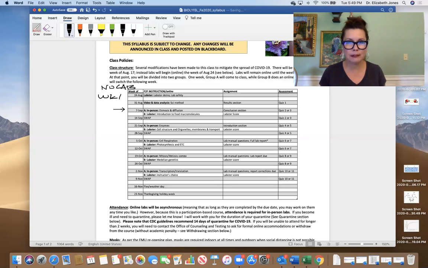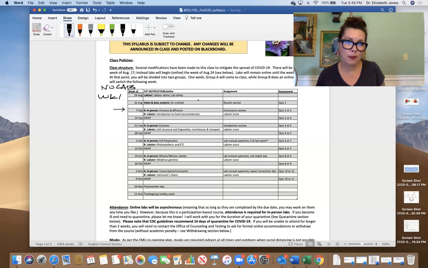Beginning after this, we will start in-person laboratories. Now, what does that mean? Well, we are very much trying to reduce the number of students that are in any classroom at any given point in time. So there are approximately 20 people enrolled in each of these lab sections. To keep these numbers low, what we're going to do is assign you to either an A or a B group.